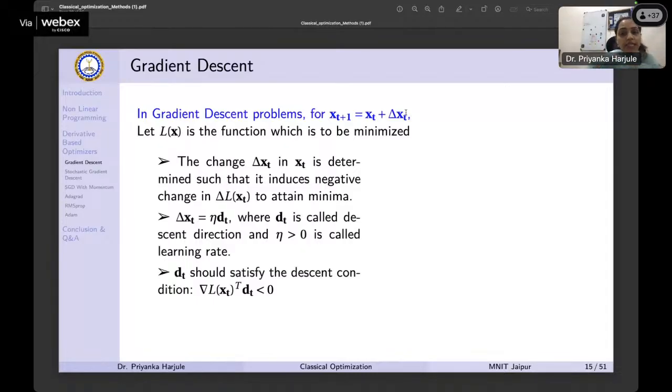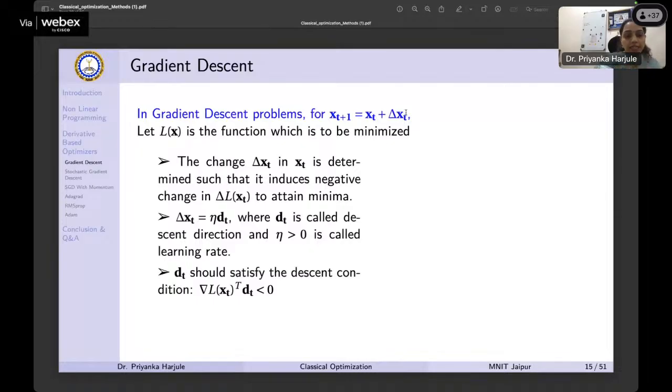What is the descent condition now? The descent condition is that the gradient of this loss function transpose times dt should be less than 0, where the gradient of L of x t is pointing uphill. All of us know that the gradient points in the steepest, that is the uphill, direction.